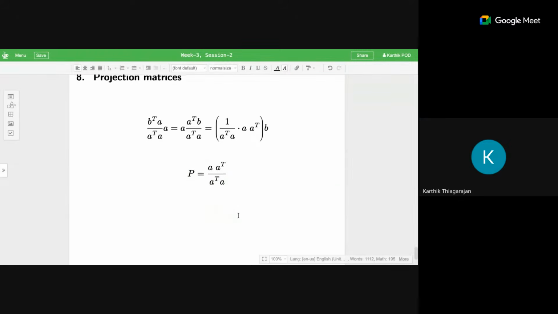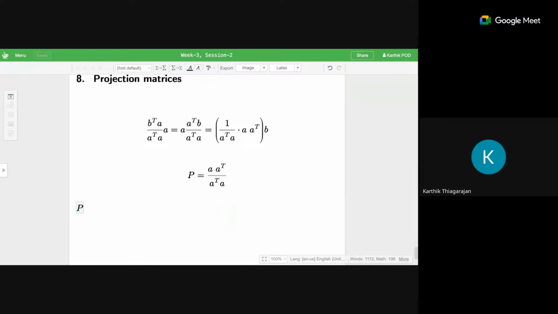So P is of shape... what is the shape of P? If A belongs to Rn, then P is of shape n cross n, right?